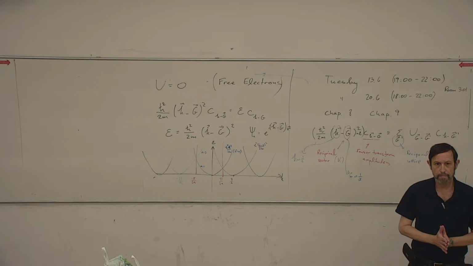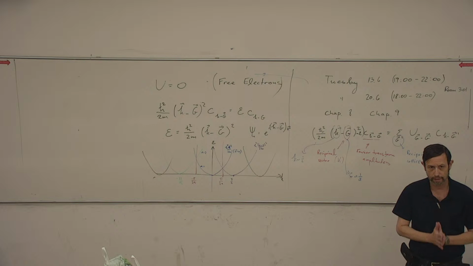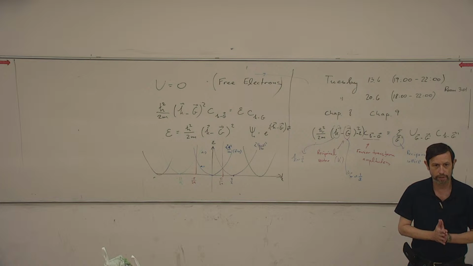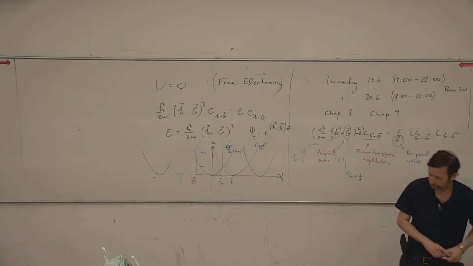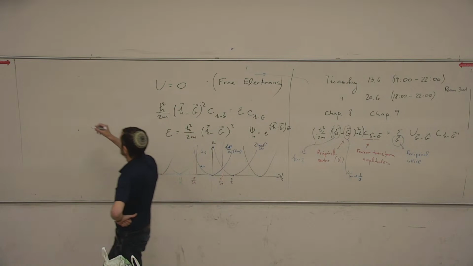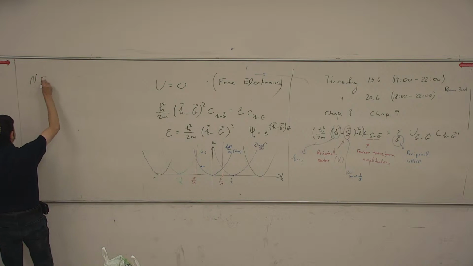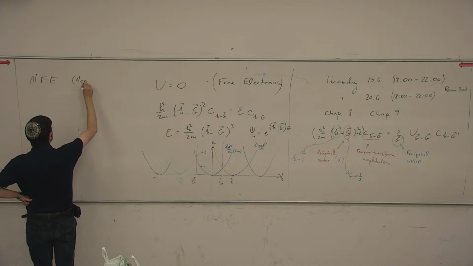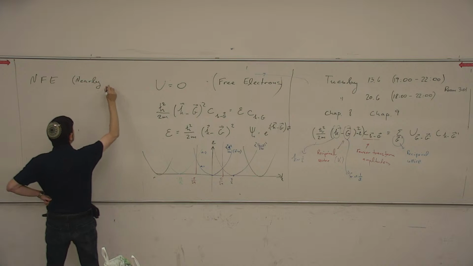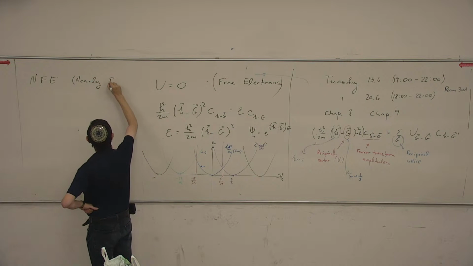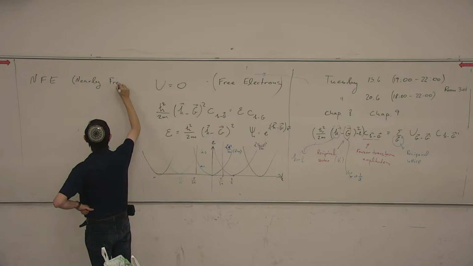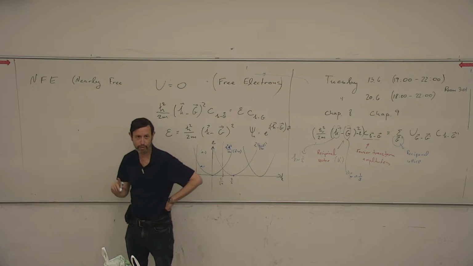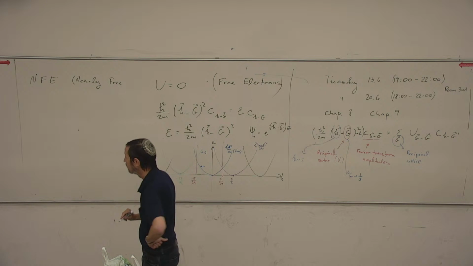And we'll see that both of them describe different limits. It's known as the free electron, nearly free electron. Perturbation theory? Both of them are perturbation theory, but what is a perturbation is the difference between them.